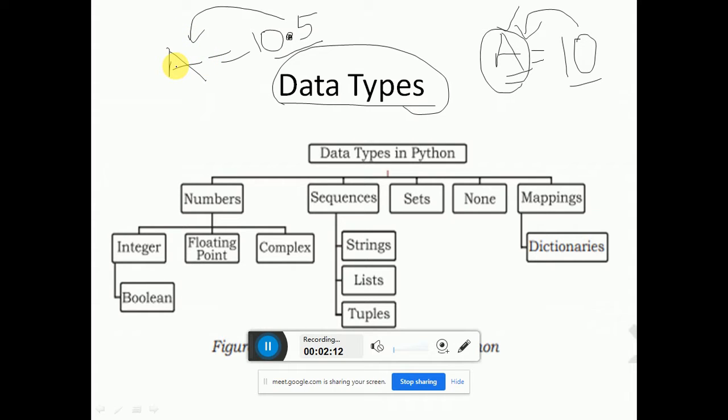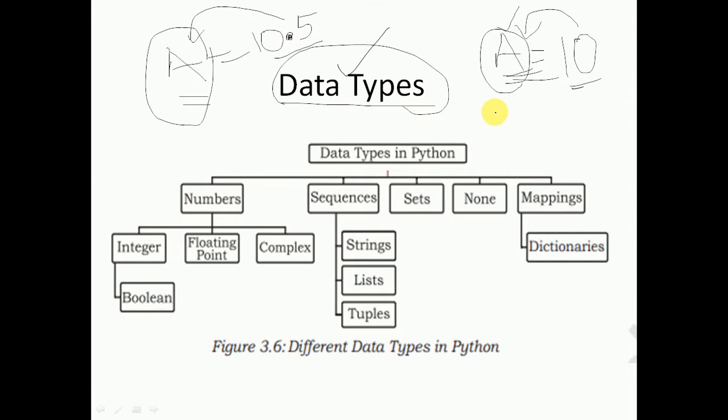Floating means decimal data type. And when we assign a with 10, then it is integer data type. It can store integer data type. When we assign 10.5 or 5.5, 6.5, then this variable a becomes floating point.